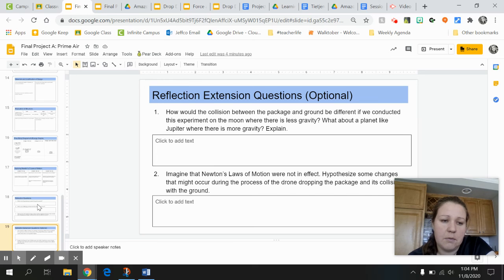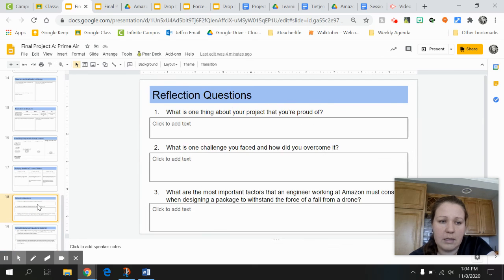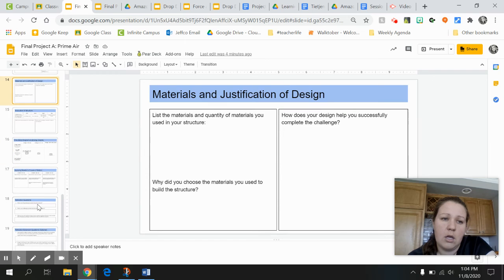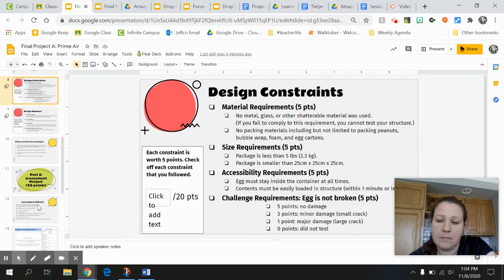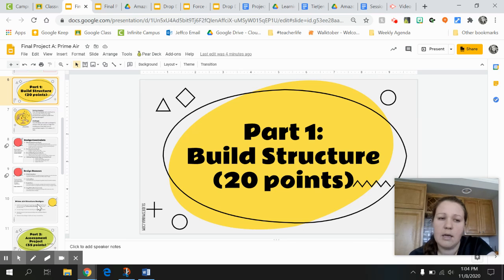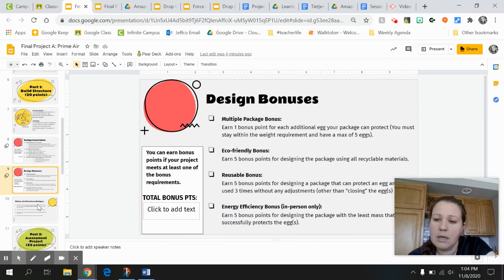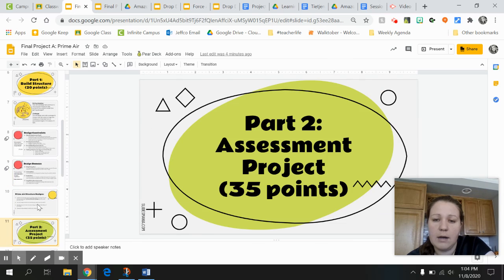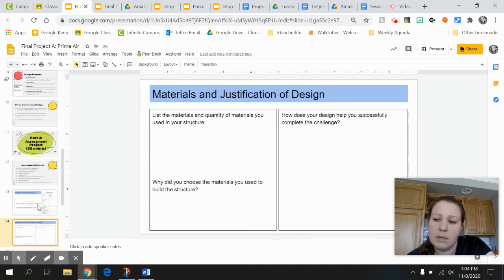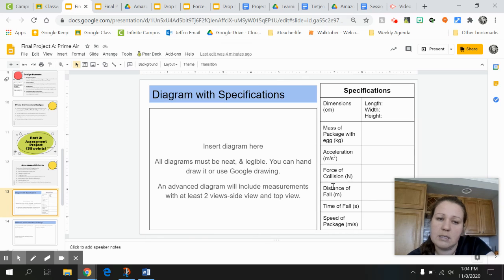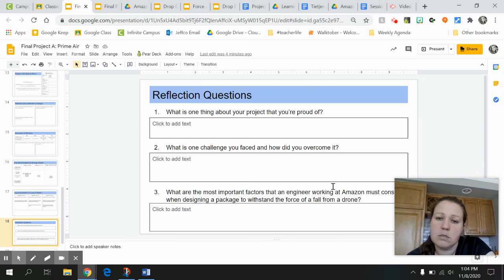Okay. Anyway, this slideshow is part 2 of your egg drop project, and there will be a self-assessment. It's like a checklist that you will be completing next week just to make sure that you have included all of the information that's asked of you, and also making sure to check your work and ensure your calculations make sense and that you use complete sentences on your reflection and so forth.